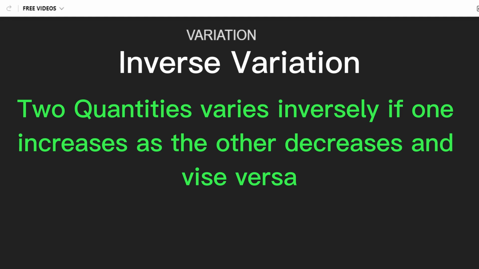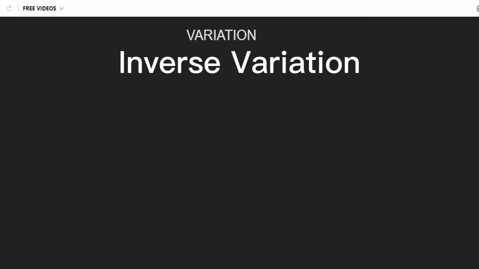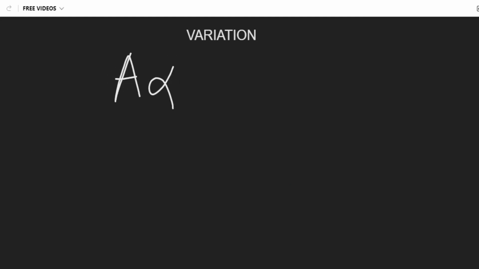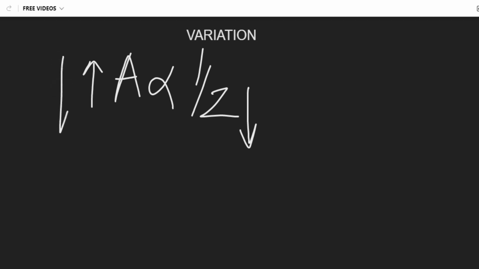Now, how do we express inverse variation? When we have A, we can say A varies inversely as 1 over Z. That means as A increases, Z will decrease because it's inversely proportional. And as A decreases, Z will increase because it is inversely proportional.